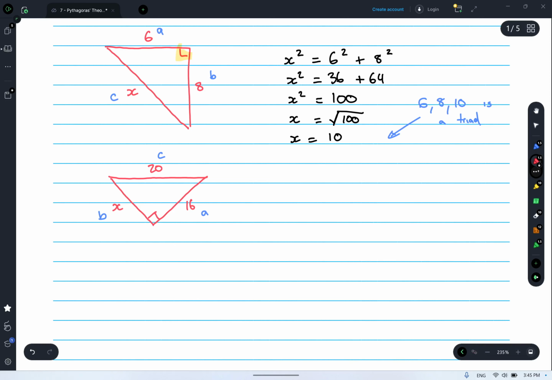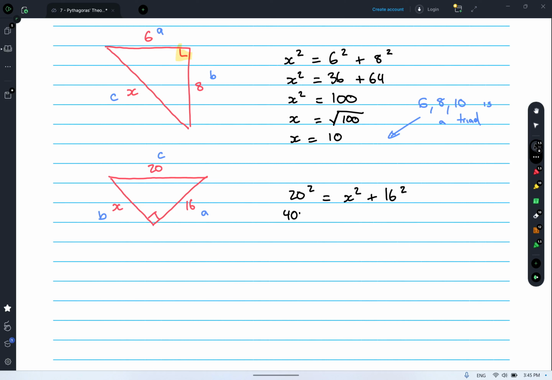So this time, if we were to write this into our Pythagoras' theorem, we'd be writing 20 squared equals x squared plus 16 squared. The thing that we're trying to find is on this side with the short sides together rather than the long sides. So from this, we can do 20 squared, which equals 400.